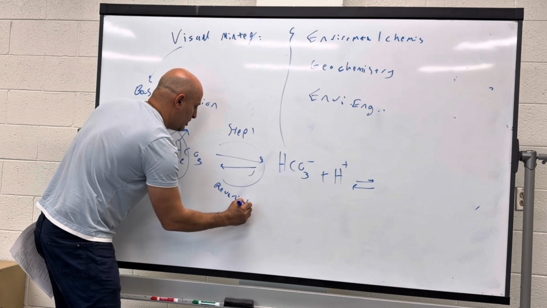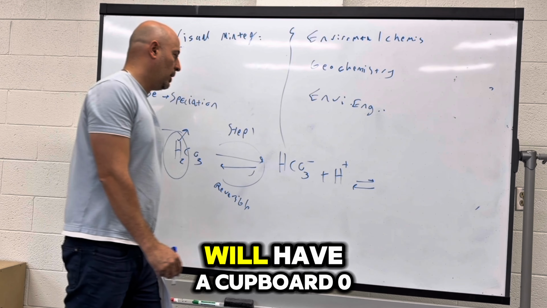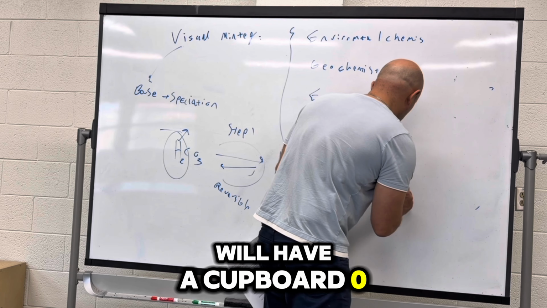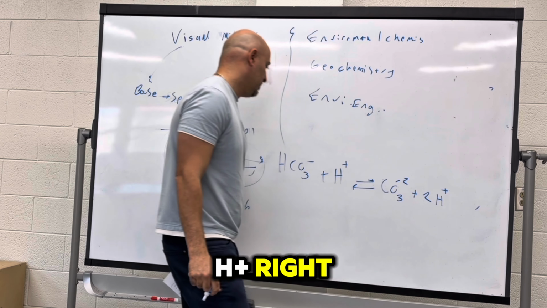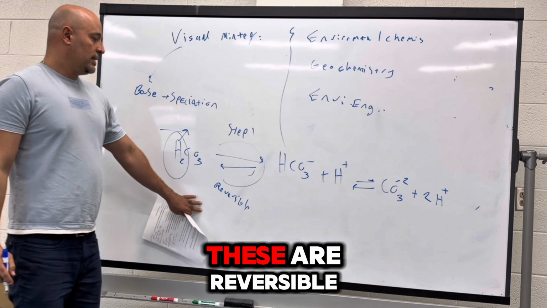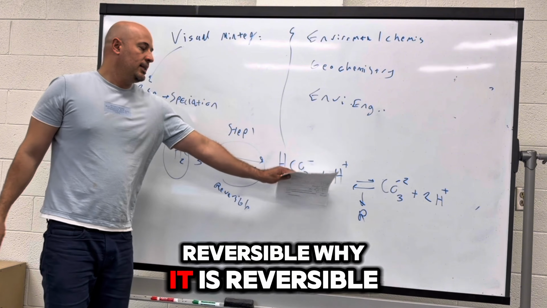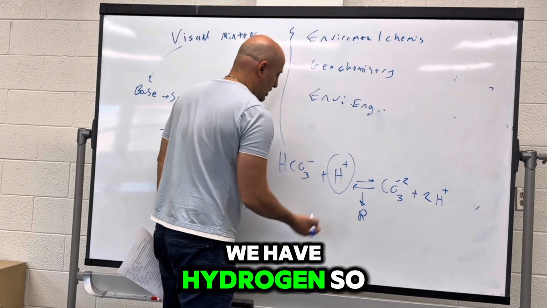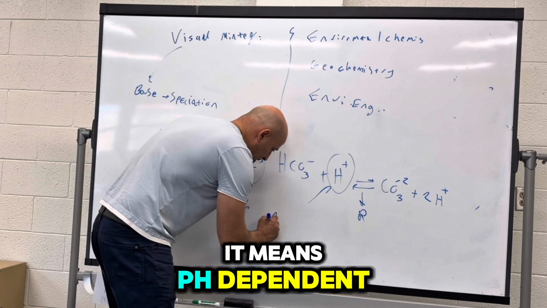In the next step, we will have carbonate, CO3 2 minus, plus 2H plus. So these are reversible. Why is it reversible? You can see here we have hydrogen. So when we have hydrogen ion, it means it is pH dependent.